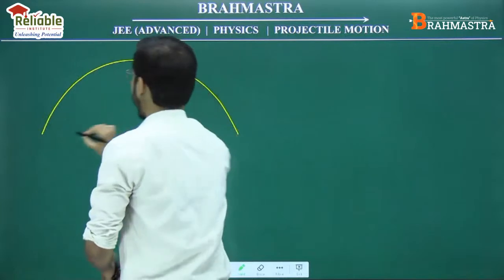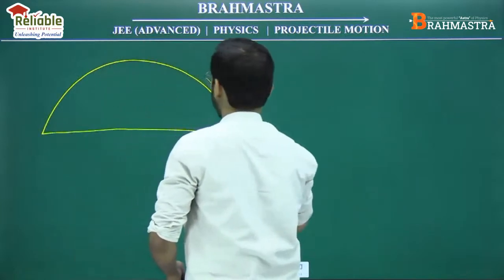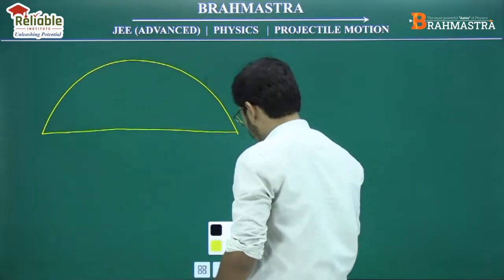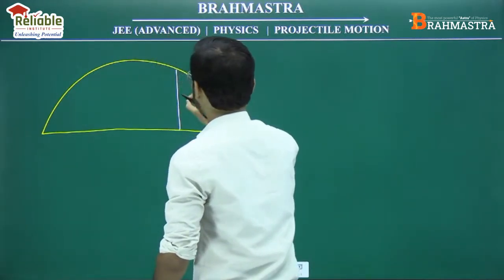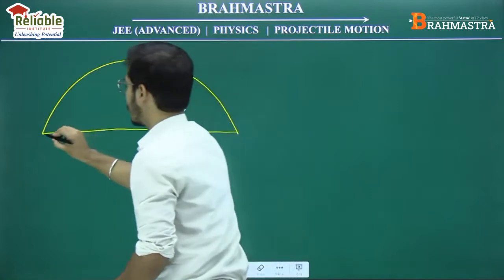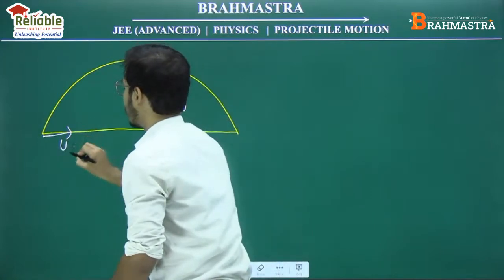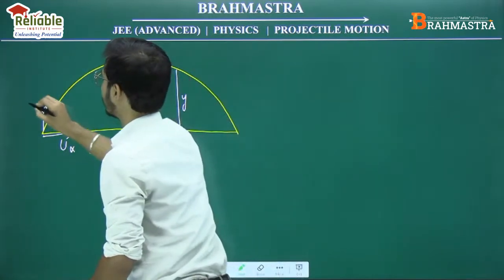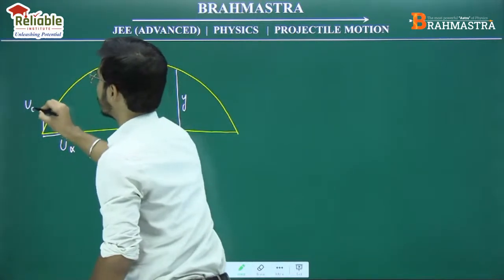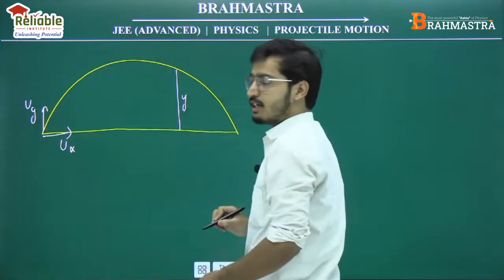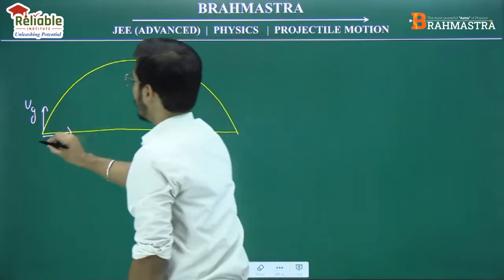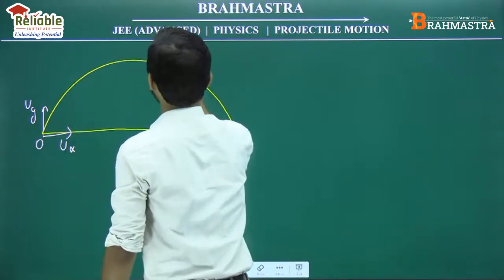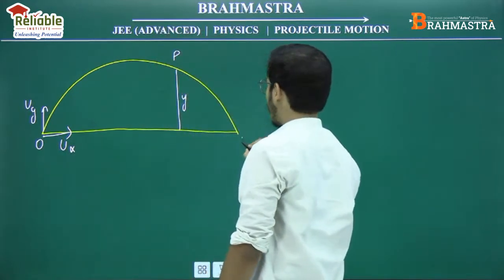Suppose this is our parabola. Fine. And this is our height h, or we can say y as per the equation. The horizontal velocity is ux, and the initial vertical velocity is uy. Suppose the particle has taken time t1 for reaching from A to O to P, and let's call this point O dash.